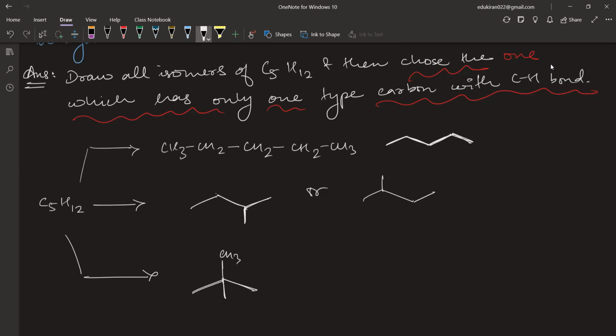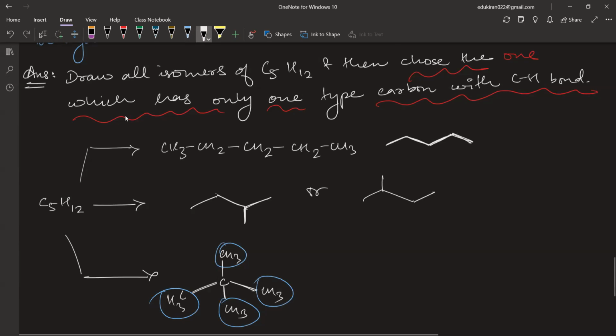So this CH3, this CH3, this CH3, and this CH3, and the middle one will be only carbon, right? So we can see that all of these CH3s are the same, and these are the carbons which have the hydrogen atom.